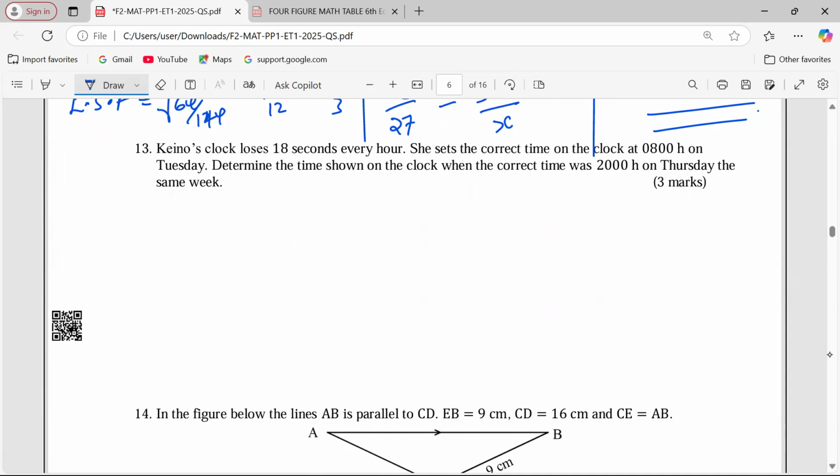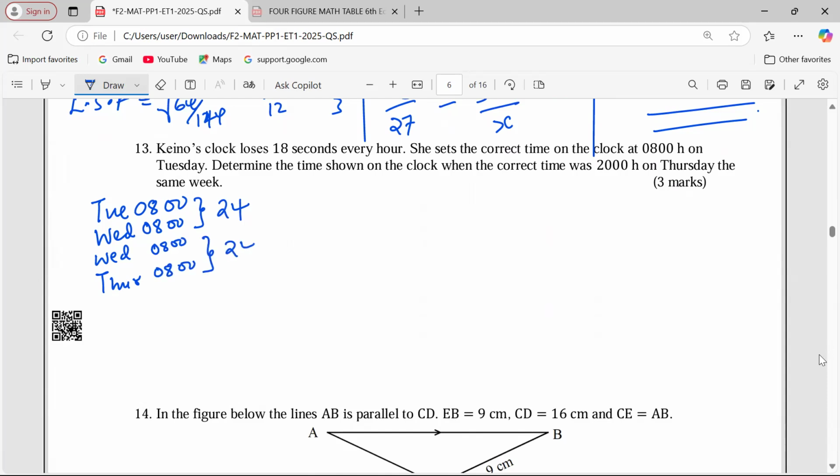So we're supposed to check the time. How many hours are between 8 on Tuesday and Thursday, 2000? From Tuesday 0800 all the way to Wednesday 0800, we have 24 hours there. Then from Wednesday all the way to Thursday, 0800, we have another 24 hours.